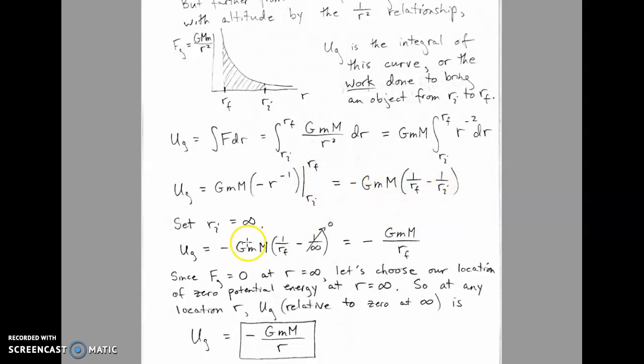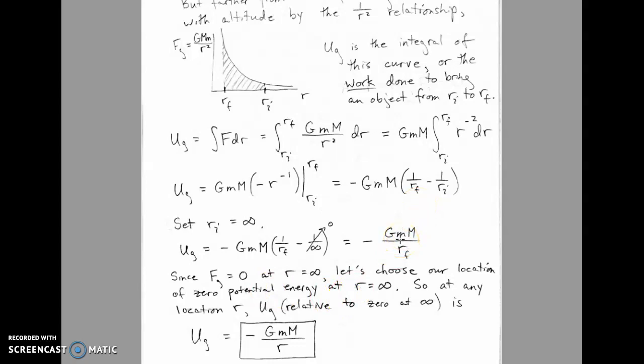Now, if you move this r initial out to infinity, then you get this. And we like to set the initial r to infinity. We like to set the zero gravitational potential energy to infinity, and that's because the force of gravity is zero at infinity, so it just makes this easier.